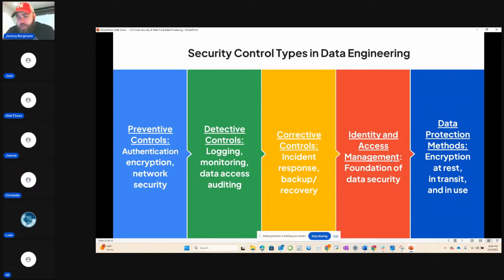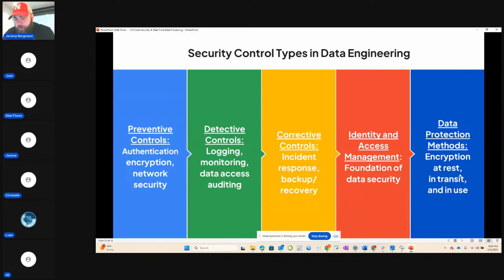And then data protection methods. So encrypting it at rest, in transit, and in use. Encrypting it at rest and in transit are very common. I talked about that when we were talking about preventative controls. So when something's being transferred over a network in transit, it can't be intercepted by somebody and then that information stolen without the key to decrypt it.